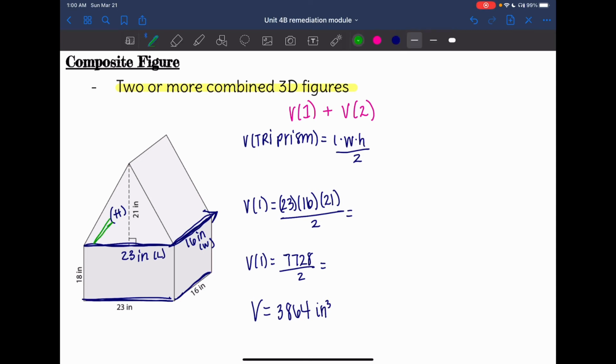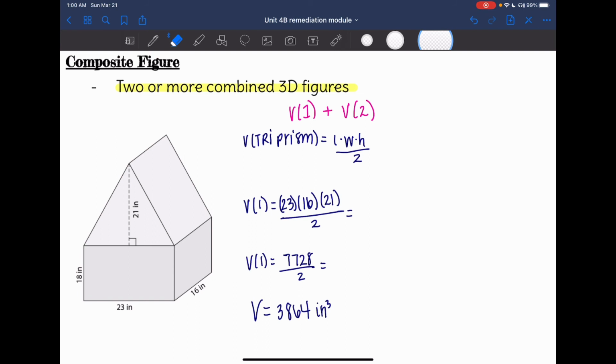Then I'll do the rectangular prism, in green. My rectangular prism, again, the length is going to be that 23 right there. This width is going to be 16, and the height is going to be 18, and I'm going to plug all that in.